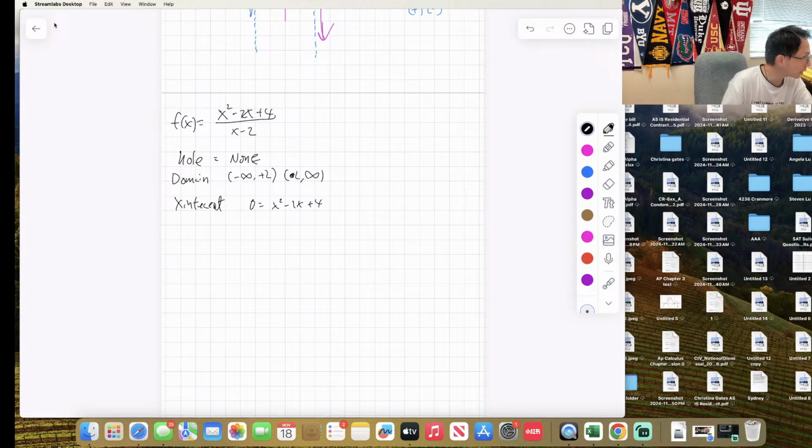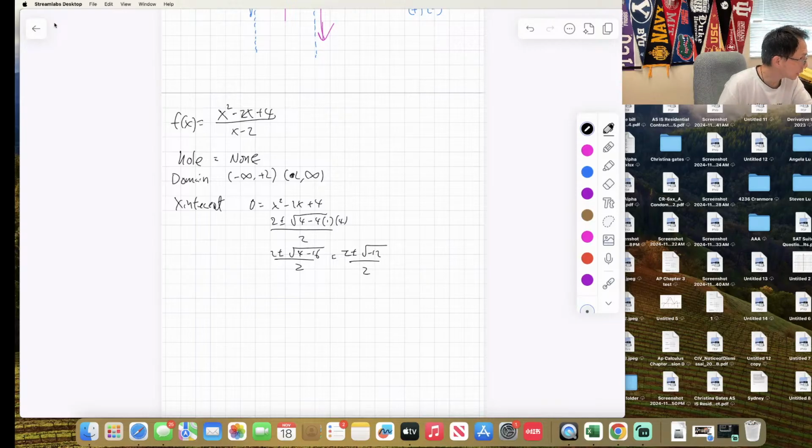If I cannot factor a quadratic, what can I do? Quadratic formula. So it'll be 2 plus minus square root of 4 minus 4 times 1 times 4, all over 2. So it'll be 2 plus minus square root of 4 minus 16 over 2, so 2 plus minus square root of negative 12 over 2.